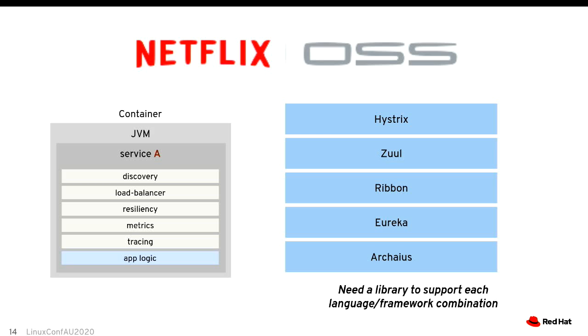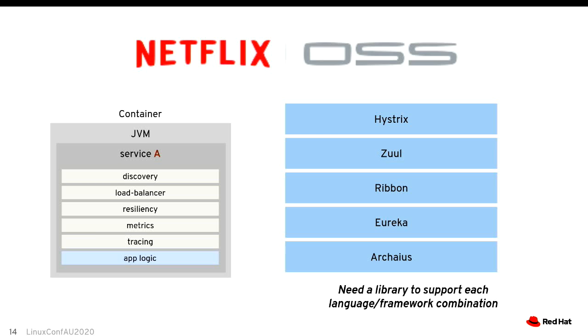So we do have some real successes around microservices architecture, right? Most of these are attributed to Netflix OSS, right? They came out with a lot of innovative ideas around Hystrix, Zuul, Ribbon, all the way going to Archaius, right? And obviously there is a requirement that you need to have a library to support each of these frameworks or a combination of frameworks. But this is obviously proven and tested probably in the last 7 to 8 years, right?